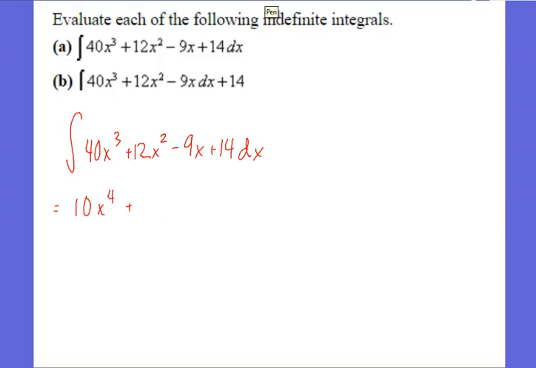Plus what? Minus. So it would be x to the second power. So it would have to be what? 9/2, plus.